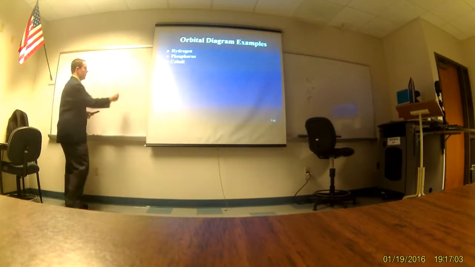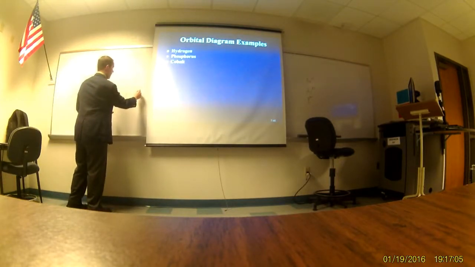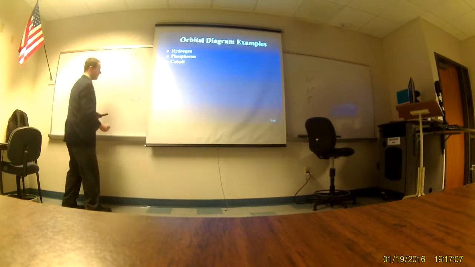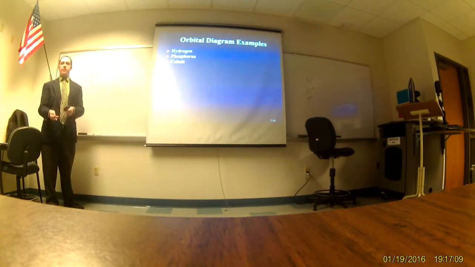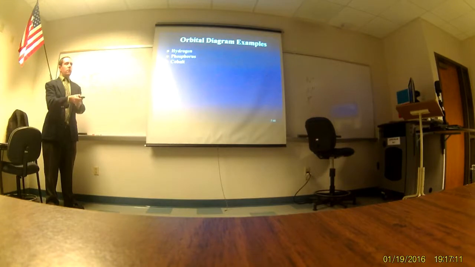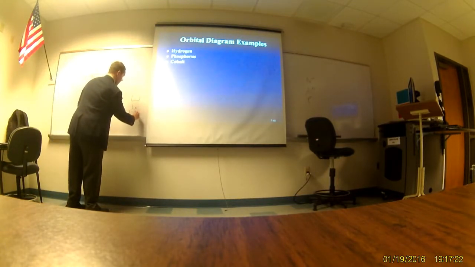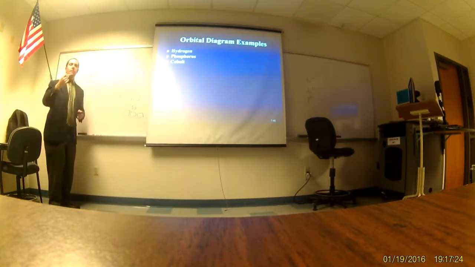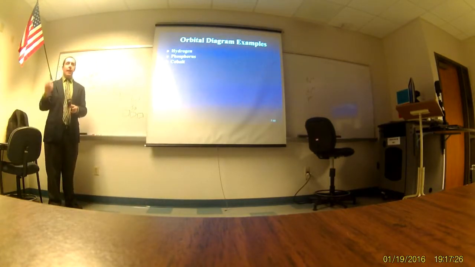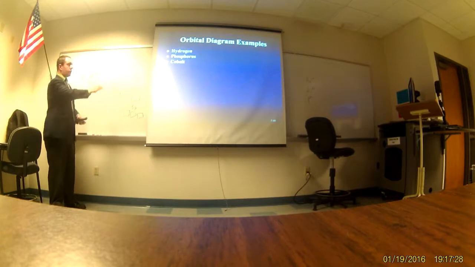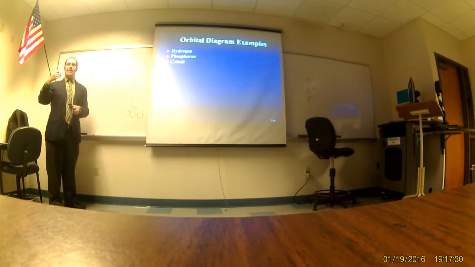S's get 1 box. Have we made it to phosphorus yet? No, so we move on. Now we're over here. What is this? 3p. And p gets 3 boxes. Have we made it to phosphorus yet? Yes. Now we've got our boxes drawn. We just have to put our electrons in.